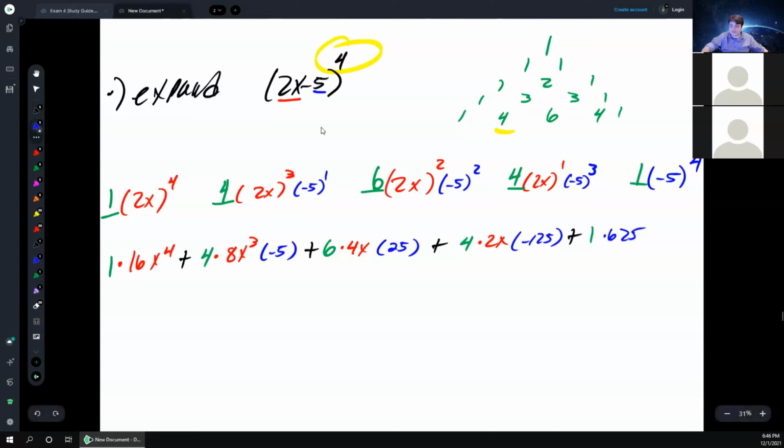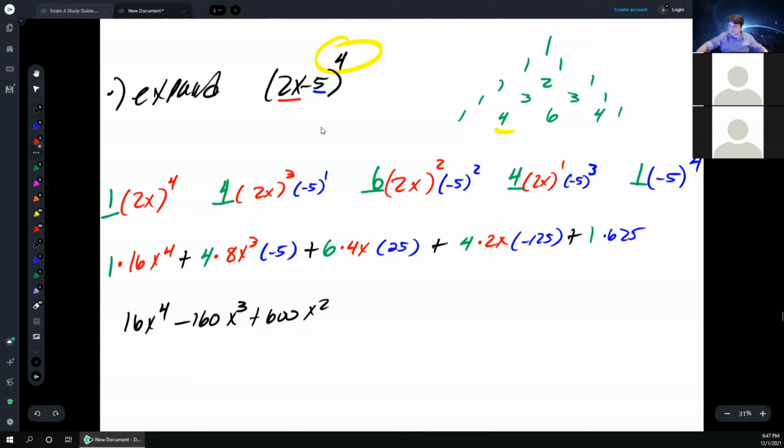So now what we do is just multiply all this stuff together. We've got 16x to the 4th. Here we have 4 times 8 is 32, times a negative 5 gives us negative 160x cubed. 4 times 25 is 100, times 6 gives us 600x squared.